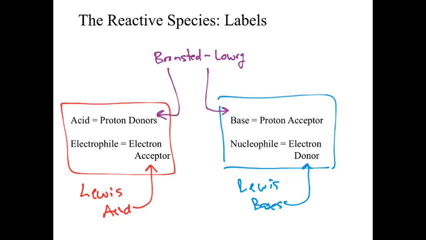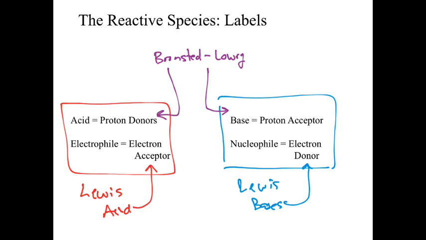The extra definition that we bring in is this nucleophile and electrophile. Those match the Lewis definition with one caveat. Electrophiles and nucleophiles will not donate or share electrons with a hydrogen ion, because if it deals with a hydrogen ion, it's now going to be a Bronsted-Lowry acid and base.